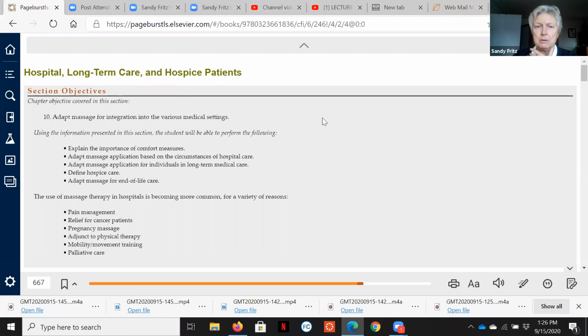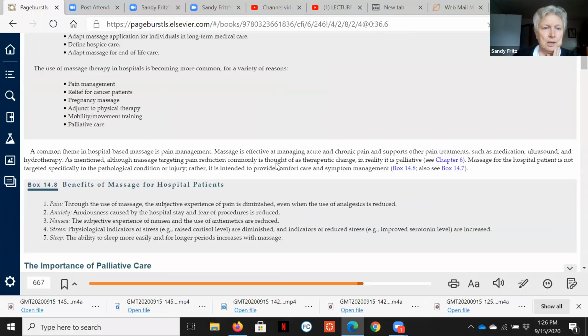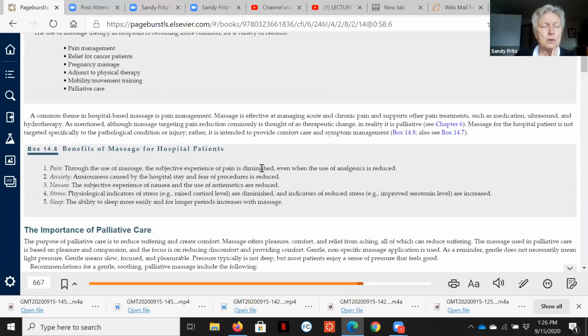This may be people who are managing other conditions that require ongoing people that watch their health status and help them with activities of daily living. So the hospital situation is new.